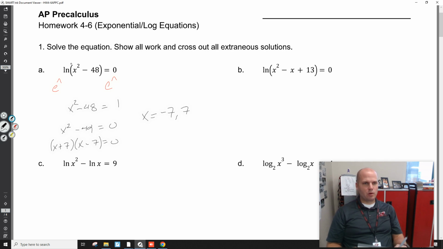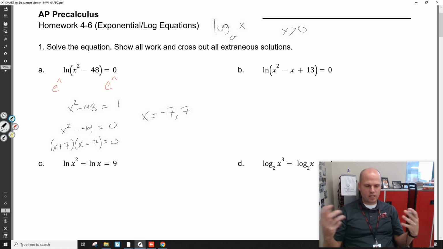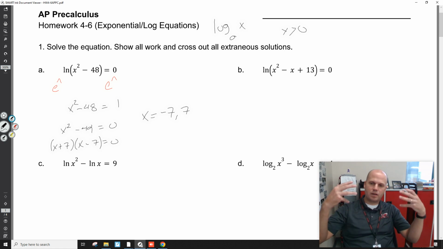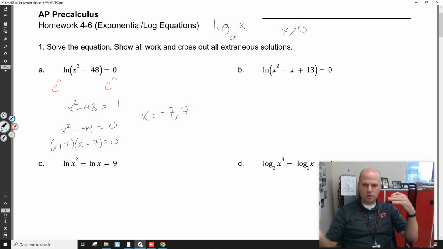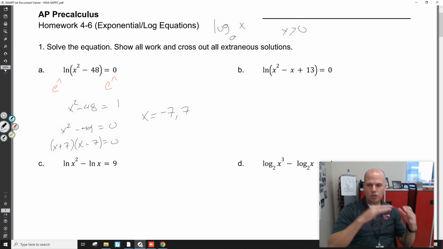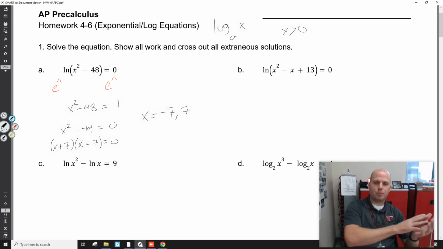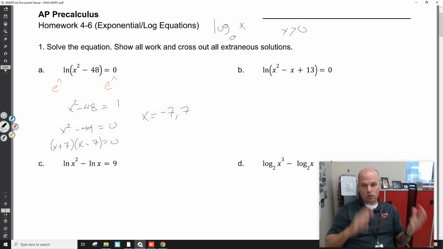What do I mean by the domain of the log function? You can only plug in x values that are bigger than 0 into a log. It's the whole idea of exponential functions: the y values can only be positive, so your outputs are always positive. You can only have inputs that are positive for logarithms.